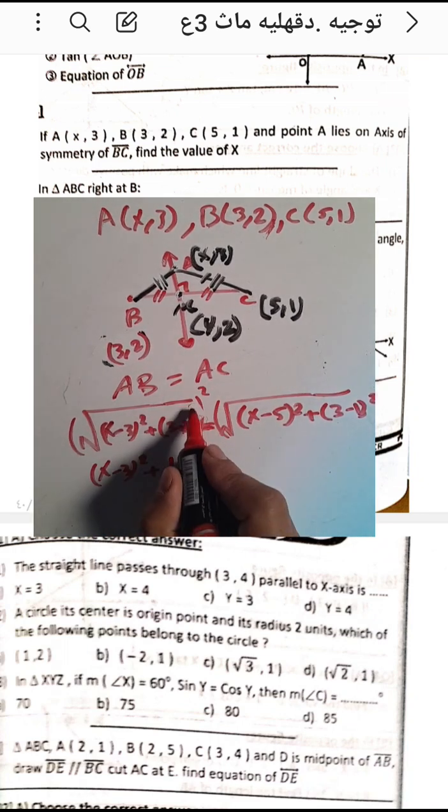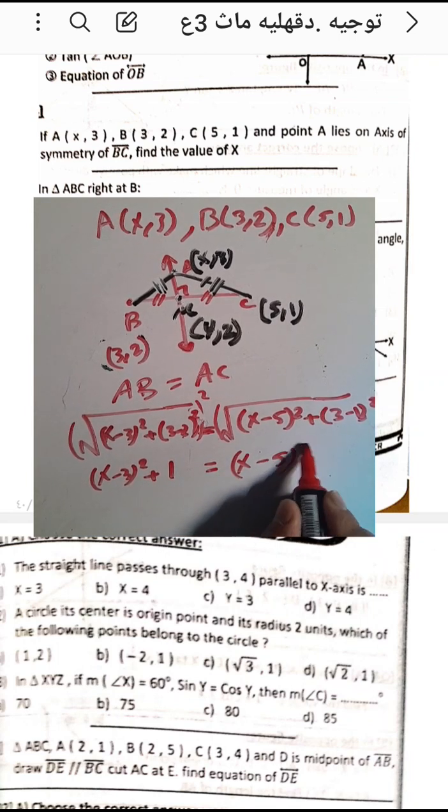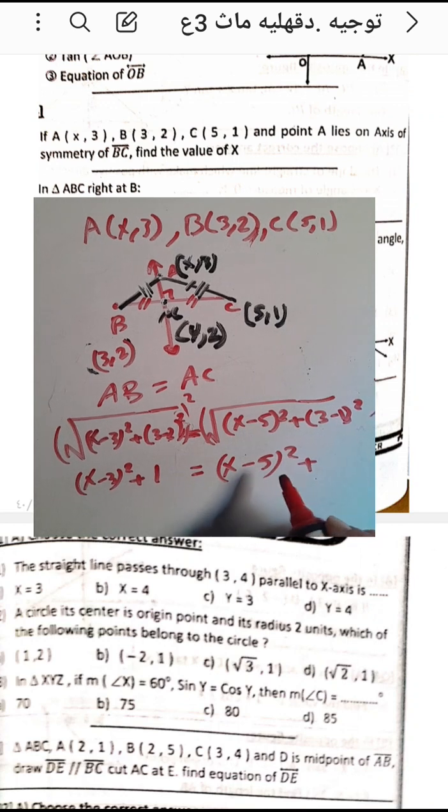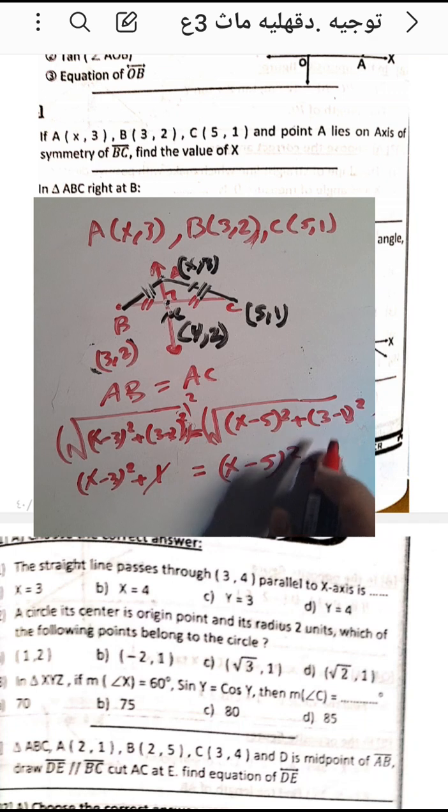Okay, and here 5 minus x, minus 5 power 2, plus 3 minus 1 is 2, 2 power 2 is 4, and then cancel 1 here. The result will be 3.